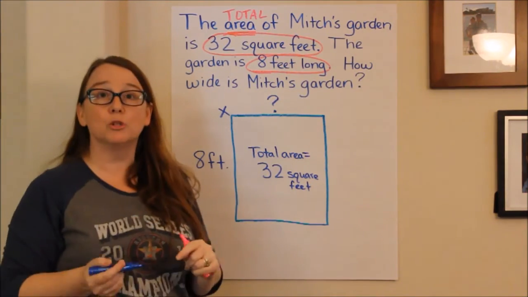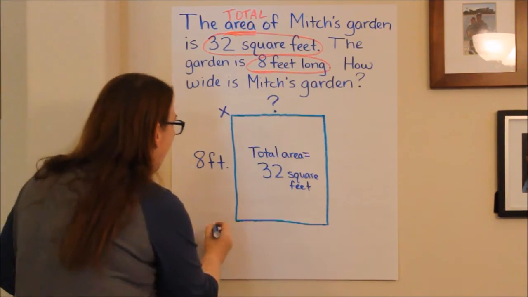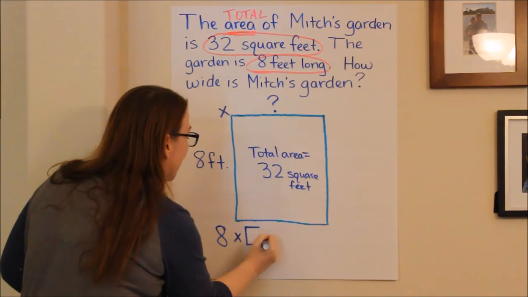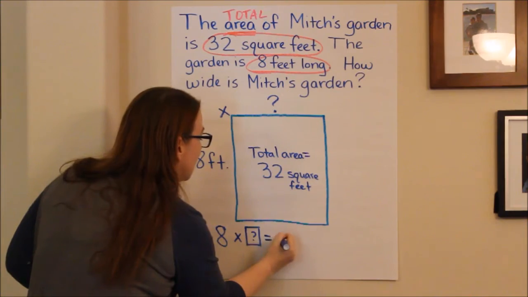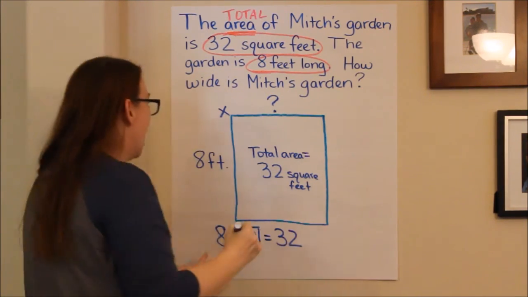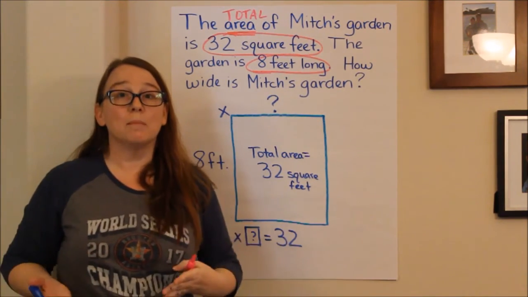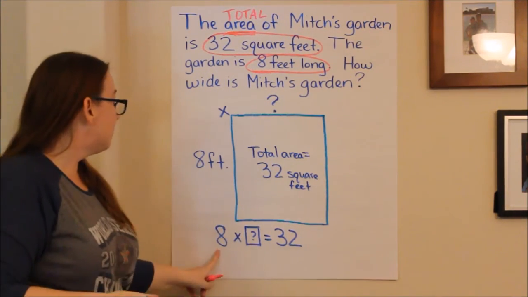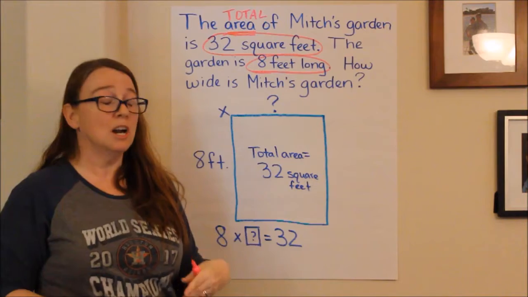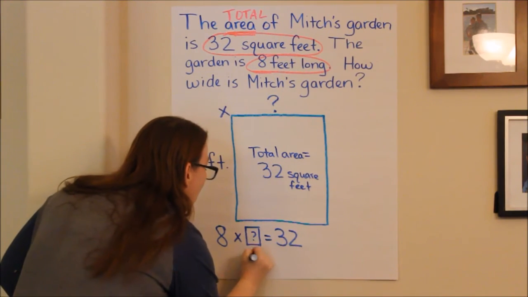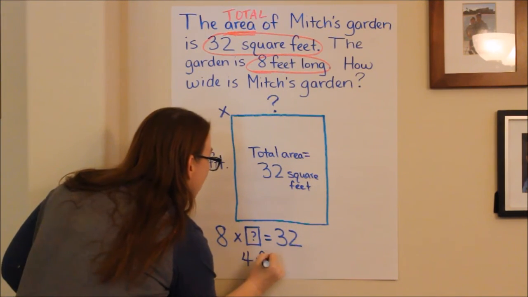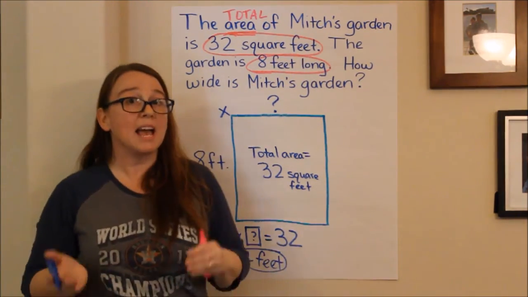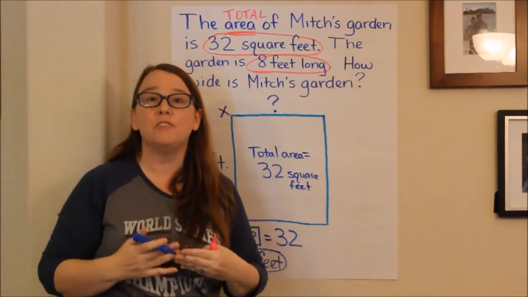So I could write a multiplication equation like this. I know it's 8 times something equals 32. So I could go and look at my multiplication chart or use some of my other strategies to figure out that my missing number is 4. So it is 4 feet wide. Another way I could do this is by using division.